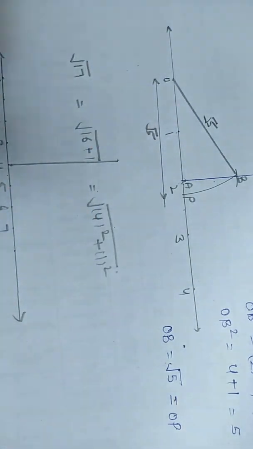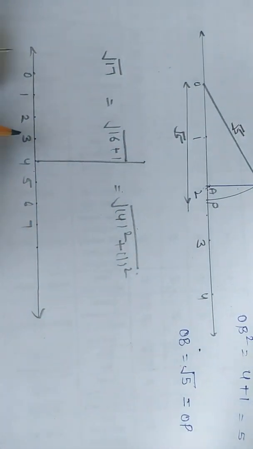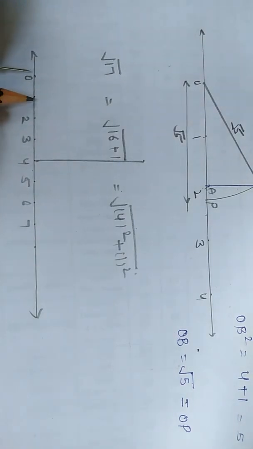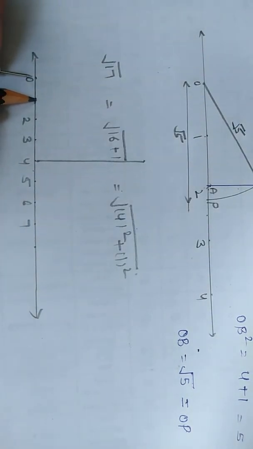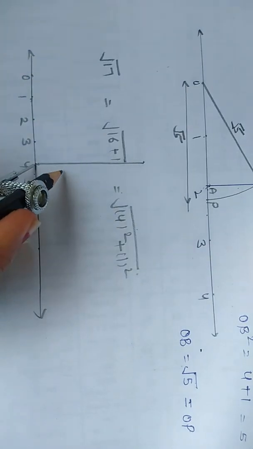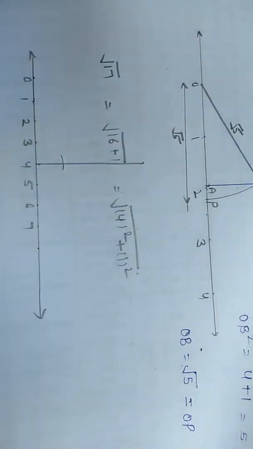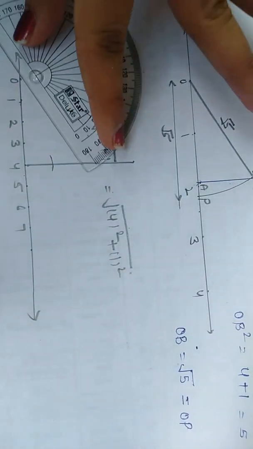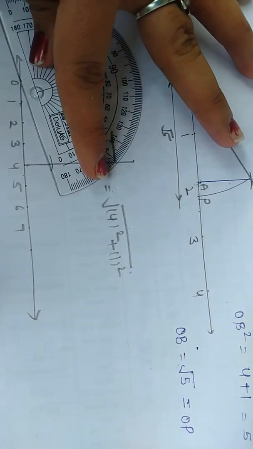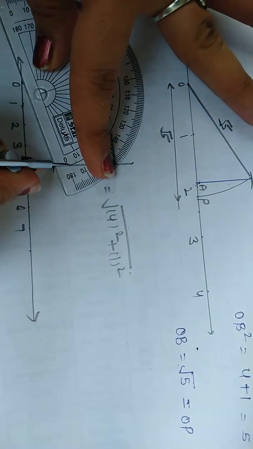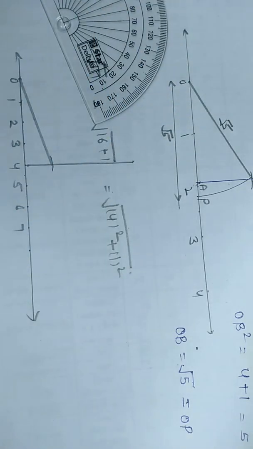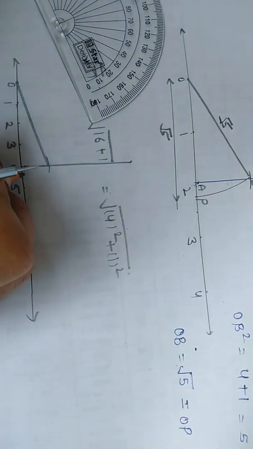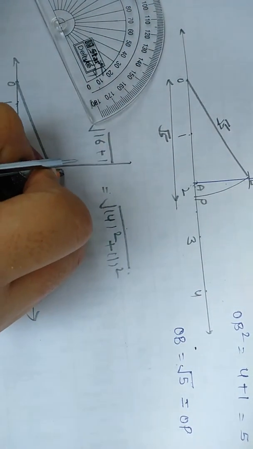Now we take 1 centimeter like this. Now we are going to match this arc with 0. Label it O, A, this is B.